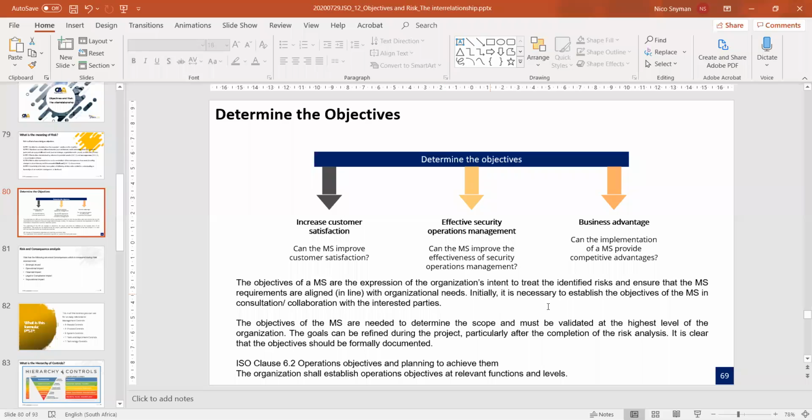And initially, it is necessary to establish the objectives of the management system in consultation or collaboration with the interested parties. Now, what is interested parties? Interested parties, we have spoken about it last time. Interested parties has to do with your stakeholders. It has to do with your shareholders. And there's a difference between your stakeholders and your shareholders.